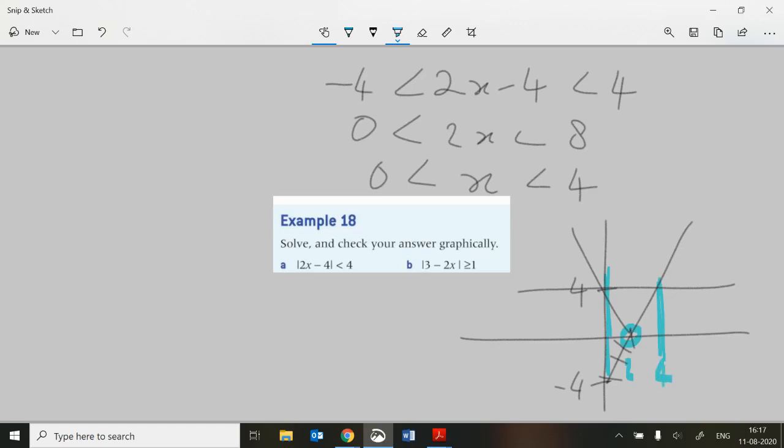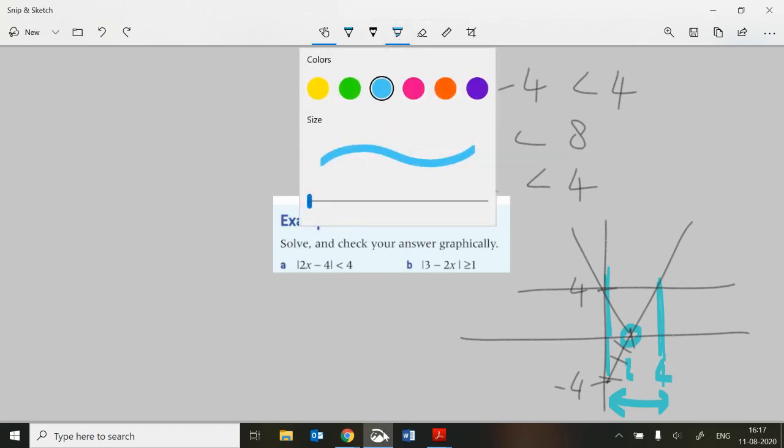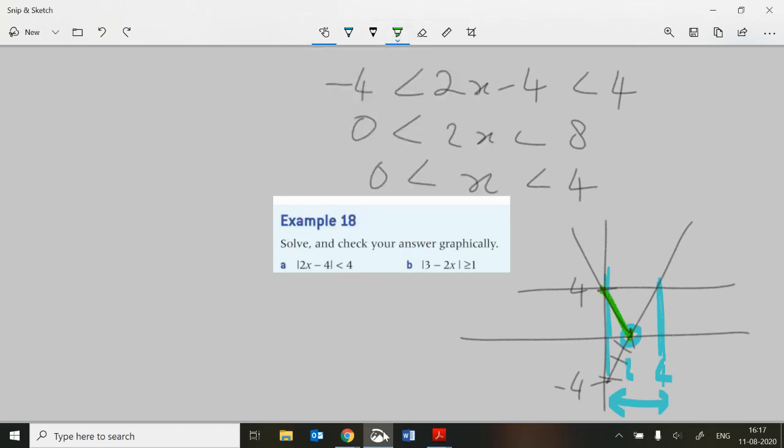So we're talking about this region here is when this graph is less than 4. So we are less than 4 between here and here, and that's the domain of x is between 0 and 4. So yes, it checks when we look at the graph.